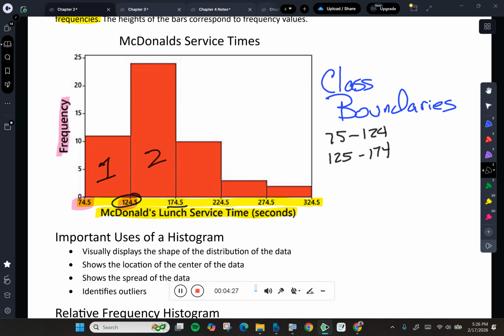I can't use 124 because that goes in the first, and I can't use 125, so we split the difference, and we call that what's right in the middle between the upper and lower. Again, those numbers across the horizontal axis are the class boundaries.